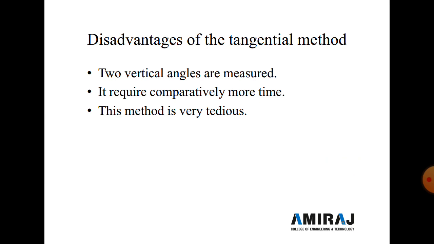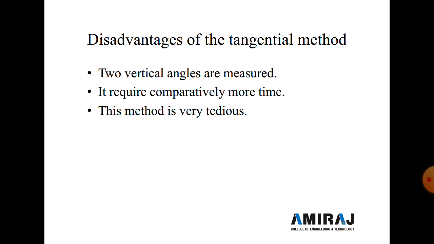Now here some disadvantages are given for the tangential method. One of the biggest disadvantages is that we measure two angles, theta 1 for the upper crosshair and theta 2 for the lower crosshair, and it requires comparatively more time. So why more time?